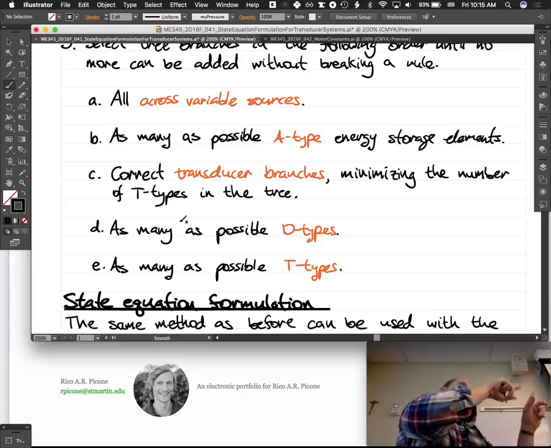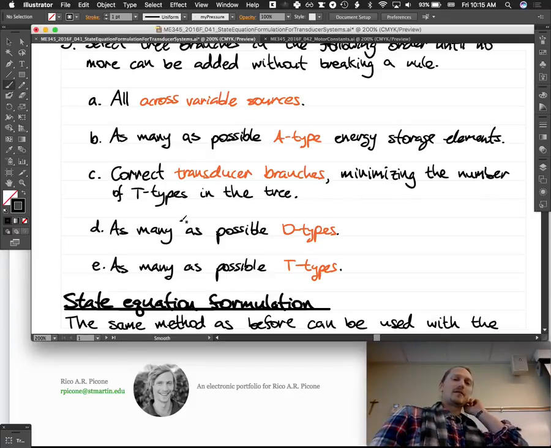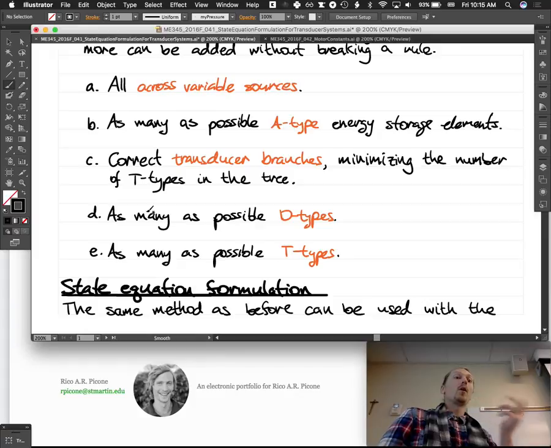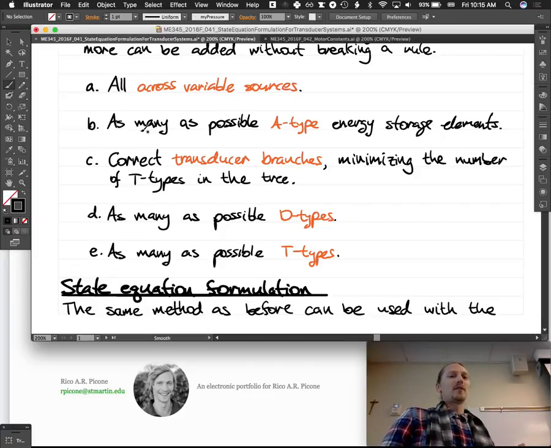If I choose this other one, t-type's not in it, so therefore I'll choose this branch. And it usually just takes a second to do that. But you just have to be cautious as you apply that rule. So there's only one new rule in there. We just interpolated it between the A-types and the D-types, right? Transducers were after the A-types.